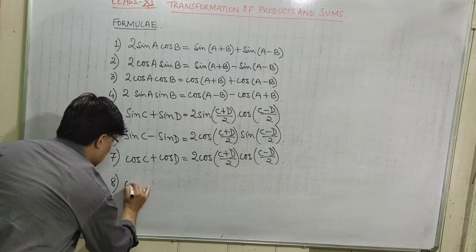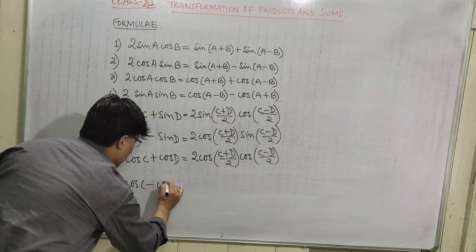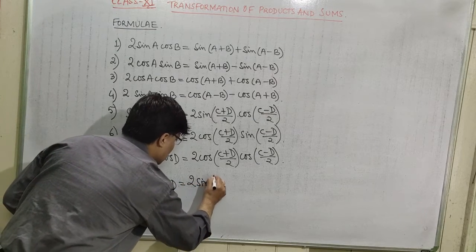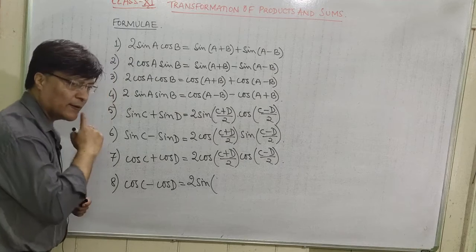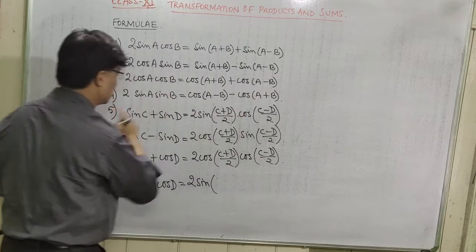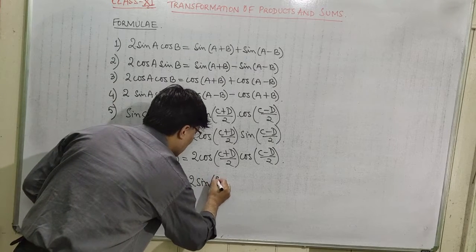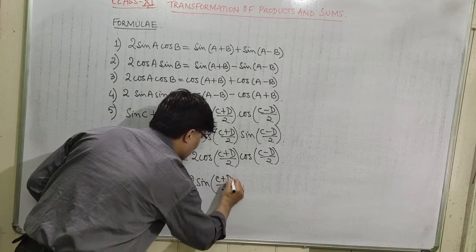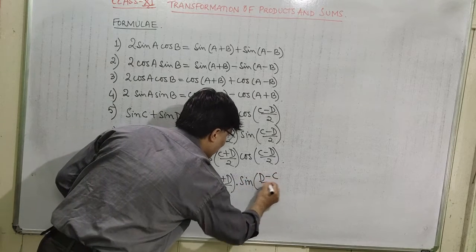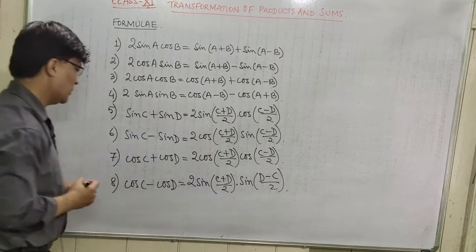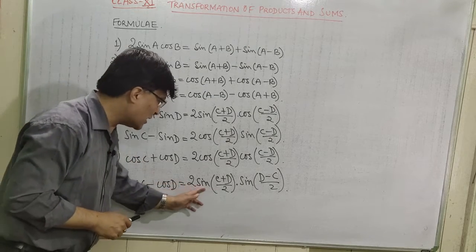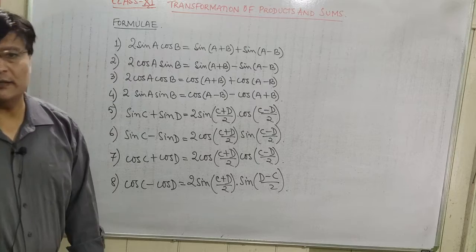Next, number 8 is cos C minus cos D. Its formula will be 2 sine of C plus D by 2 into sine of, it should be D minus C by 2. Okay, so what is cos C minus cos D, which is equal to 2 sine of C plus D by 2 into sine of D minus C by 2.